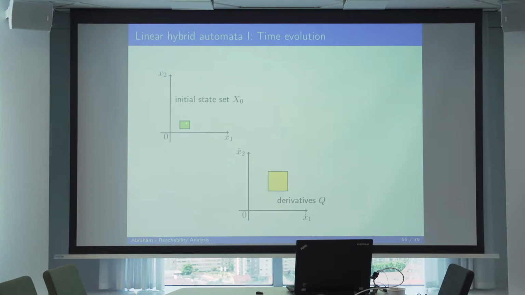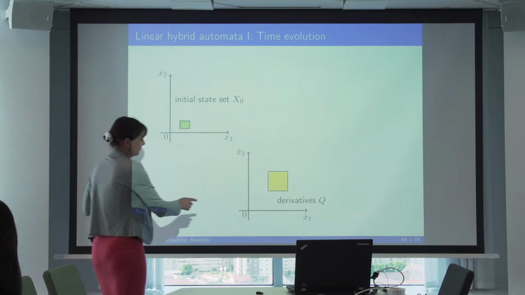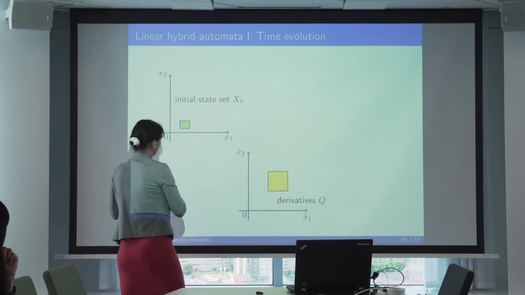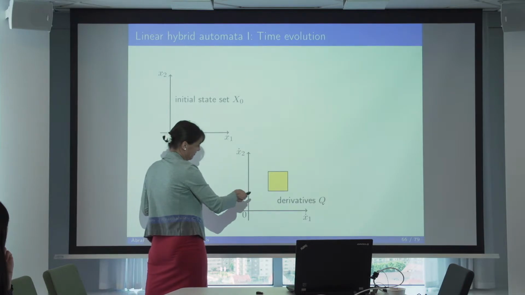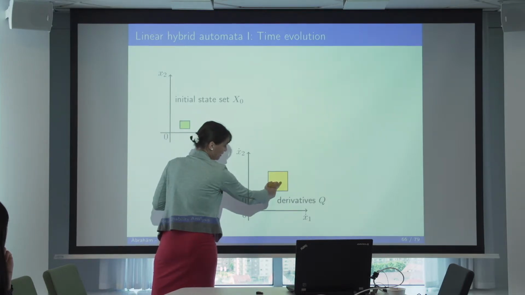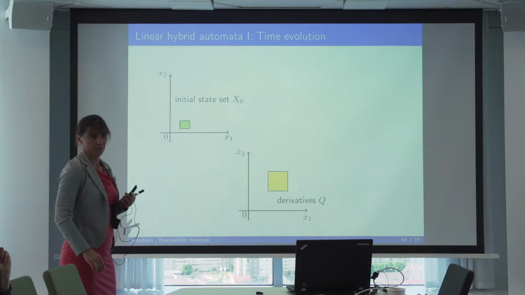If I take a point, then this is the derivative for x1. It is a constant, and this is for x2. For each point here, this is the initial state, and it describes the derivative of x1 and the derivative of x2.